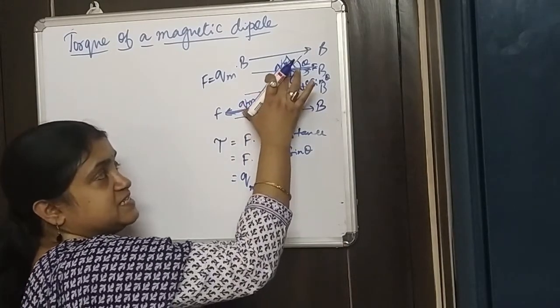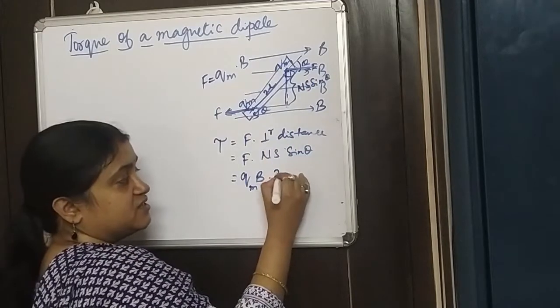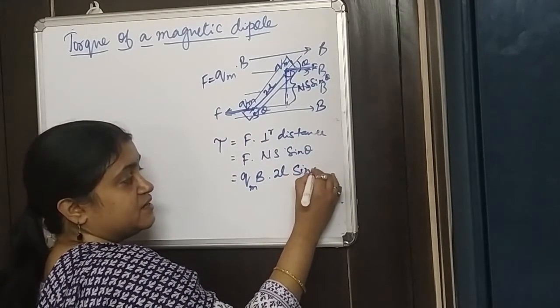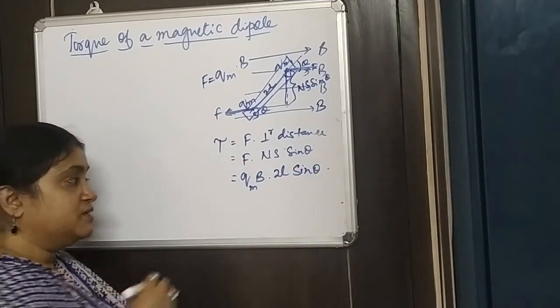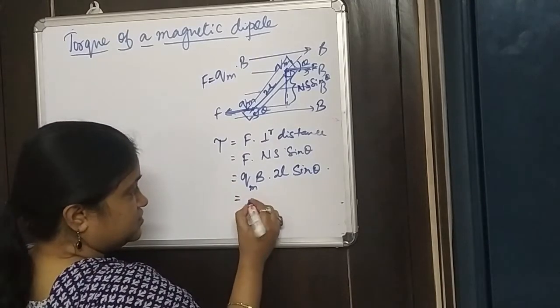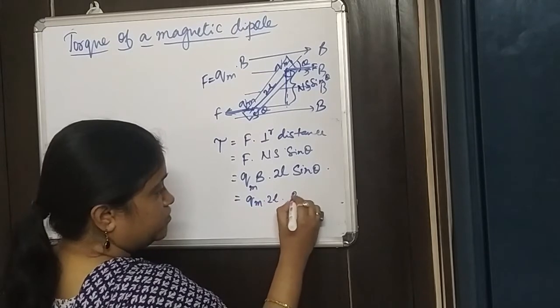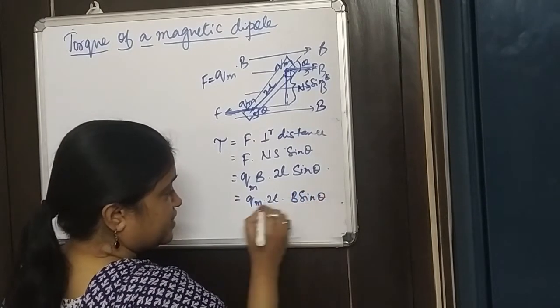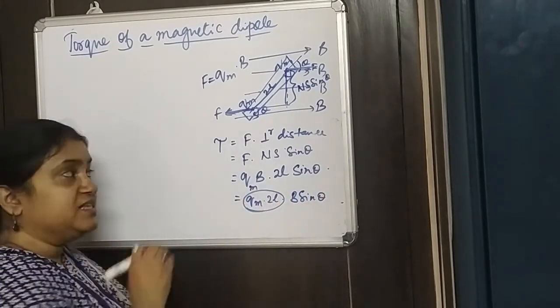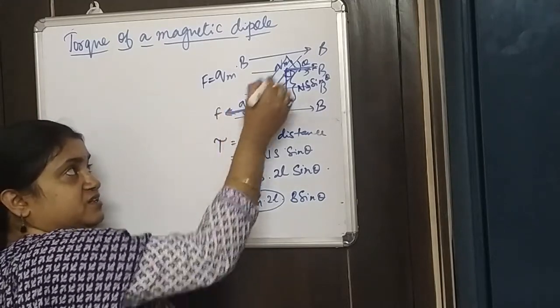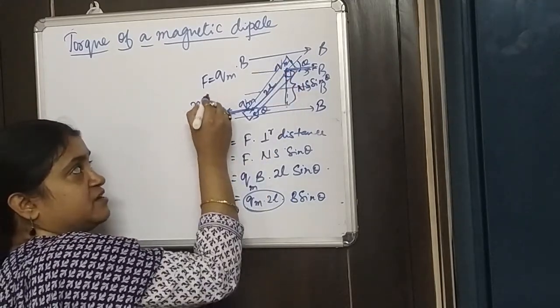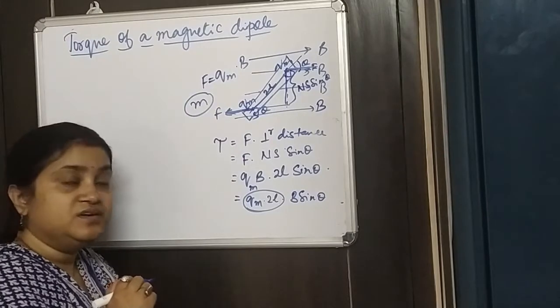So NS is the pole distance, which is nothing but 2L, so the torque is QM into 2L into B sine theta. Now this QM into 2L, that is the pole strength into the distance, is nothing but the magnetic moment of a dipole.